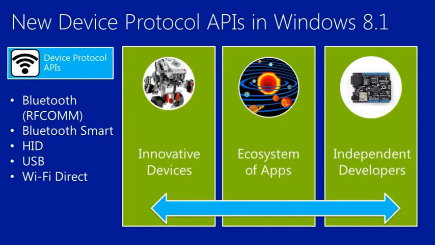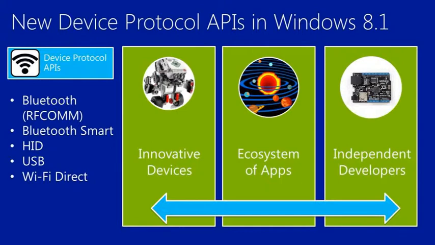Well, Windows 8.1 enables new scenarios by providing new Windows runtime APIs for industry standards like Bluetooth, Bluetooth Smart, HID, USB, and Wi-Fi Direct, where you don't really need to write a driver. We call these protocol level access, as apps communicate using private or published protocols over industry standard transports and protocols.